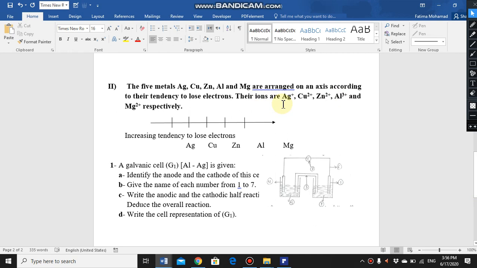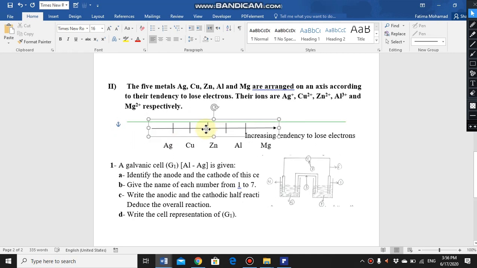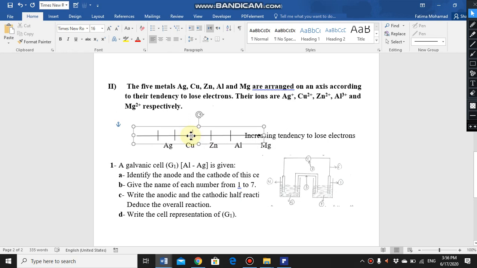Their ions are Ag+, Cu2+, Zn2+, Al3+, and Mg2+ respectively. So for the tendency of losing electrons, the one that has the most tendency to lose electrons is Mg, and Ag is the least one to lose electrons.